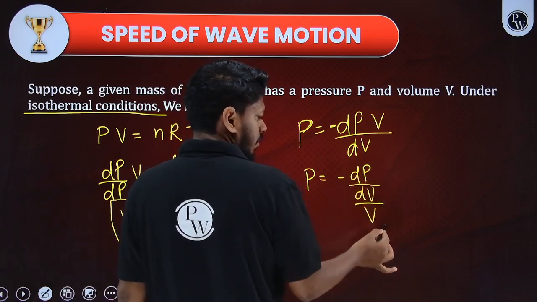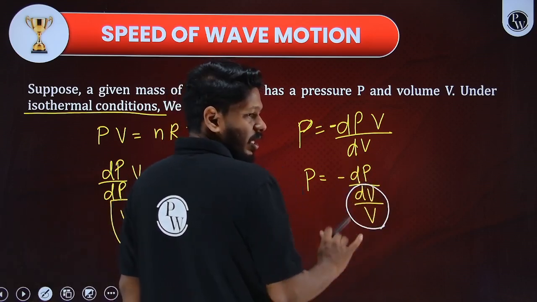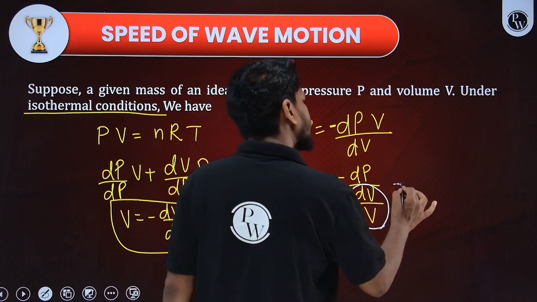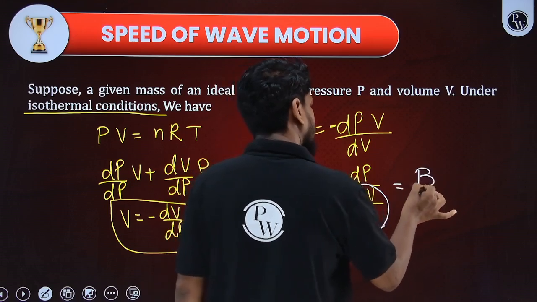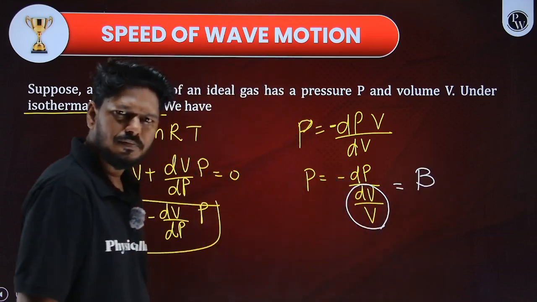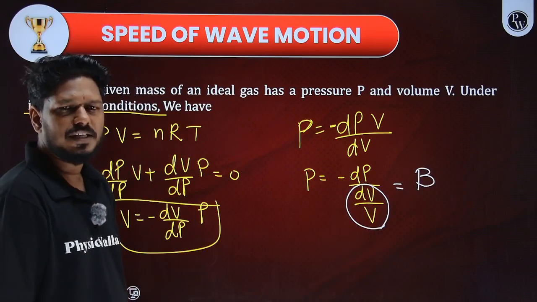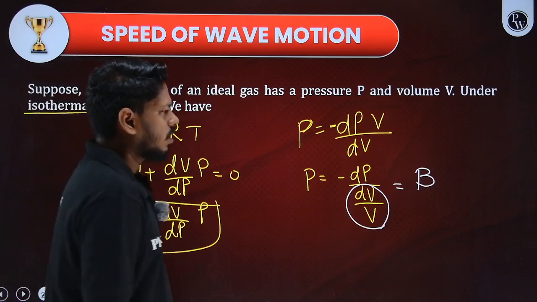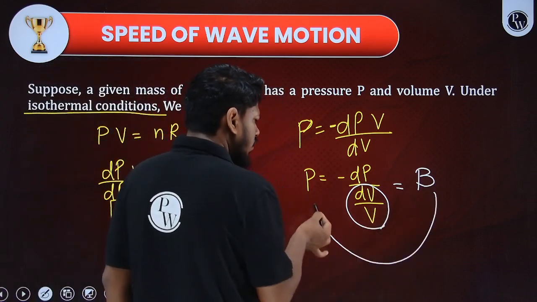Pressure. And what is this? Volumetric strain. So pressure upon strain can be written as bulk modulus. Correct? So this bulk modulus is equal to pressure.